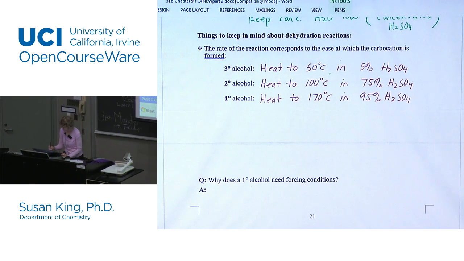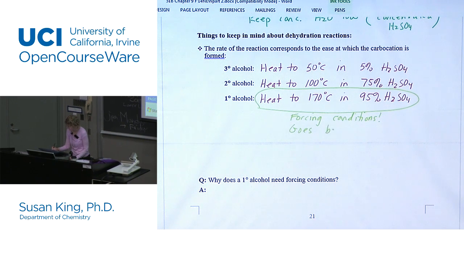So that's what we would call forcing conditions. Goes by E2. Because primary carbocations are too unstable.